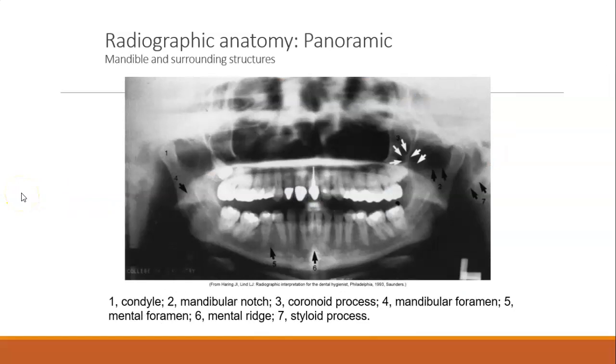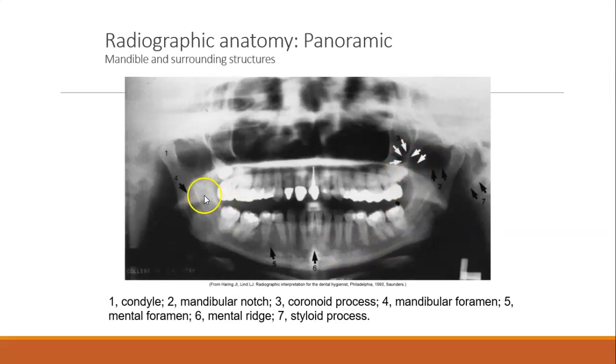Okay, so let's see if we can see it in real life. So we have the condyle here. You can kind of see the mandibular notch, and then the coronoid process kind of here. It's a little bit blurry. It's very, very faint right through here, but this is the coronoid process.